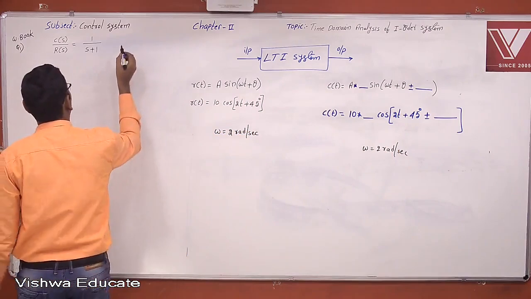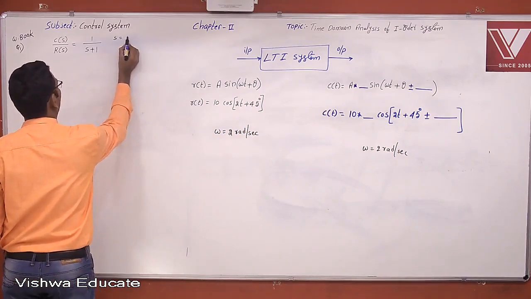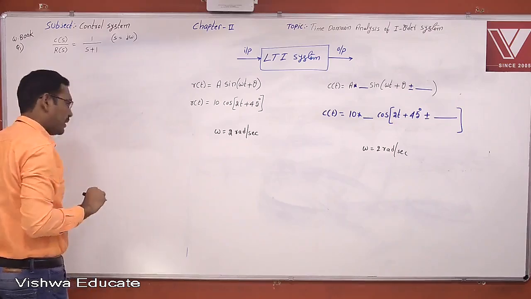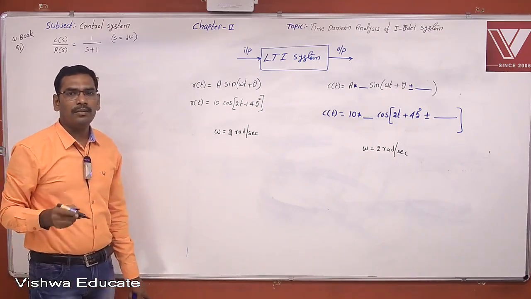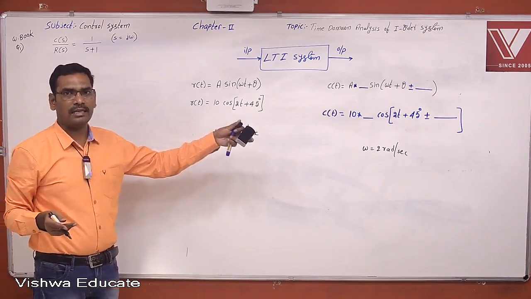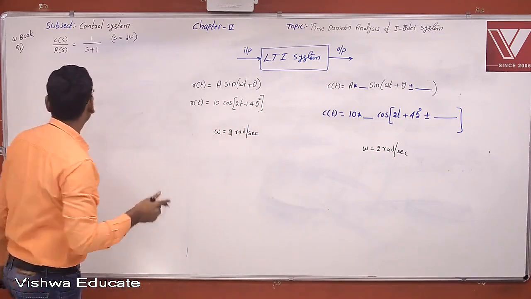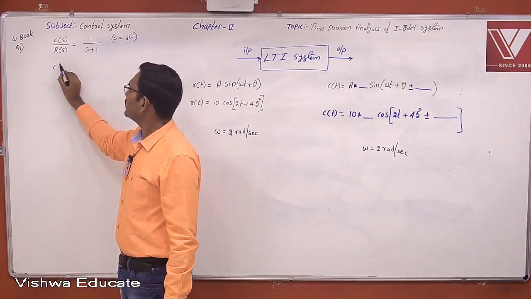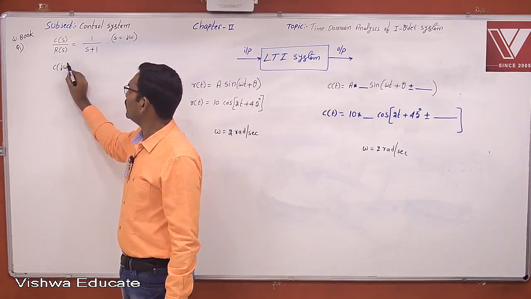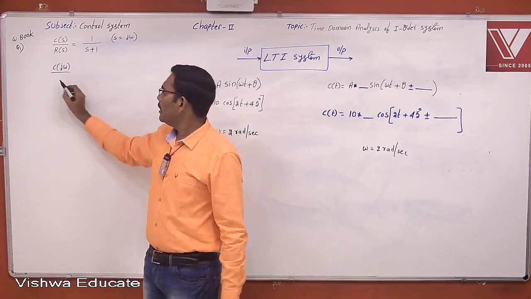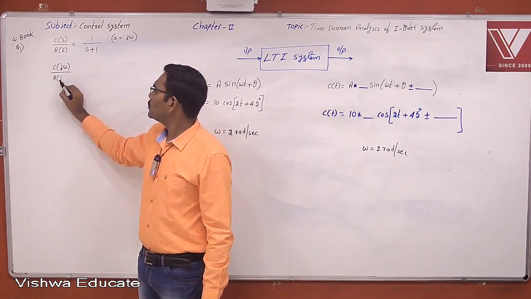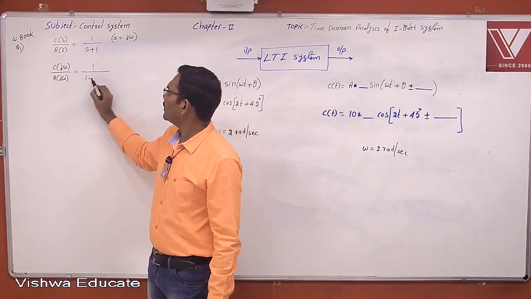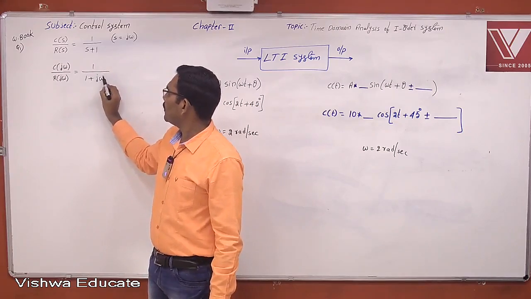Now, let us assume S equal to j omega, assuming the real part is 0. Replace S equal to j omega, because this is a pure frequency response analysis, sinusoidal input, sinusoidal response. If you replace S equal to j omega, see students, C of j omega by R of j omega is equal to 1 divided by 1 plus j omega.